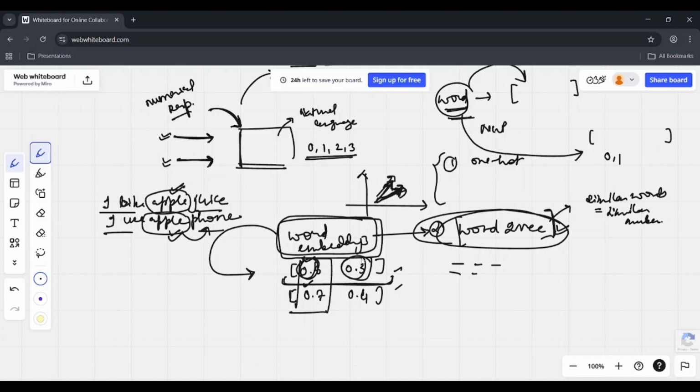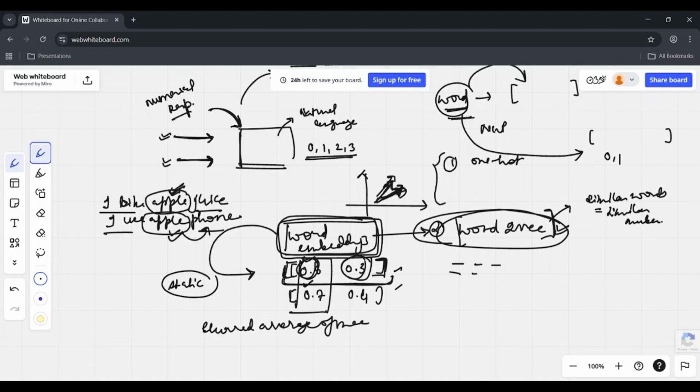So this word is used in different contexts here, but when word embeddings are generated, these numerical representations are actually static. By static, I mean that once they are generated, they will remain the same irrespective of how apple is used in the sentence. So it's like a blurred average of meanings.